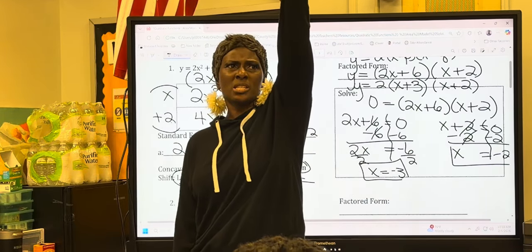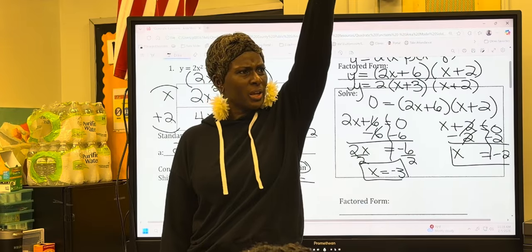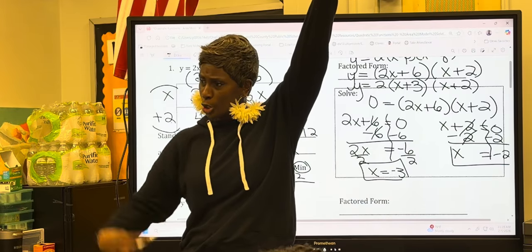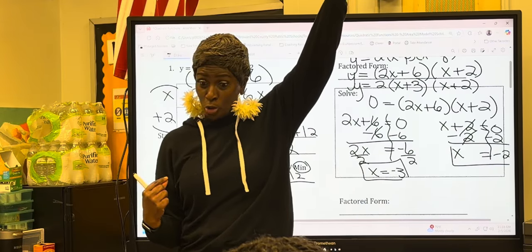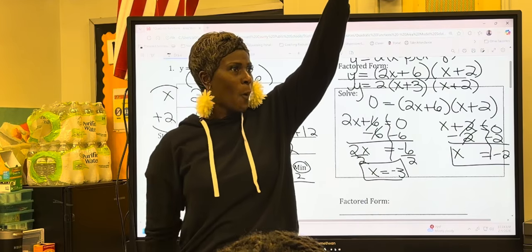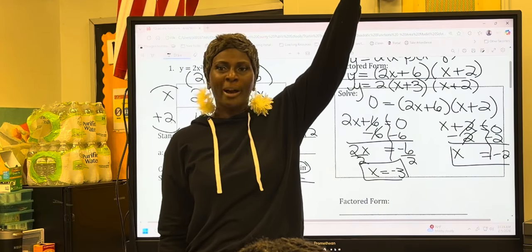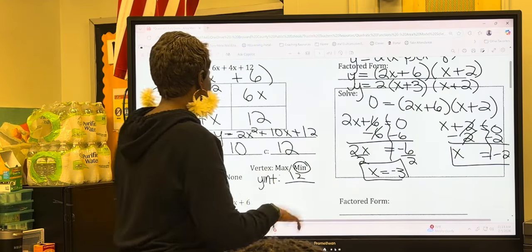Here's the y-axis. Where's negative 2? On the left. Where's negative 3? On the left. This thing is going to U on this side. Negative 2, and negative 3. It's going to go through those 2 points. It's all about the U. Absolutely. Is everybody following?